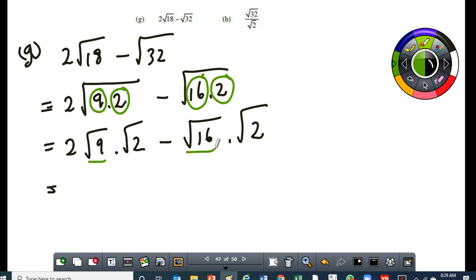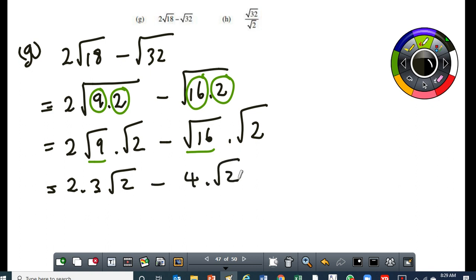I can write that as an integer, which is also a 4. So this will become 2 times 3 times square root of 2 minus 4 times square root of 2. So I'll end up having this 2 and that 3 will give me a 6 times square root of 2 minus 4 square root of 2.